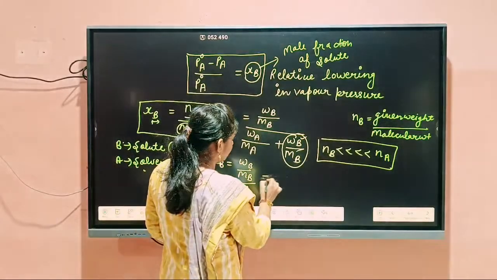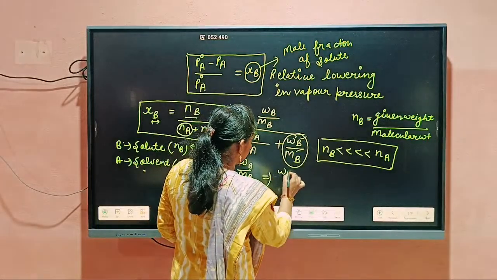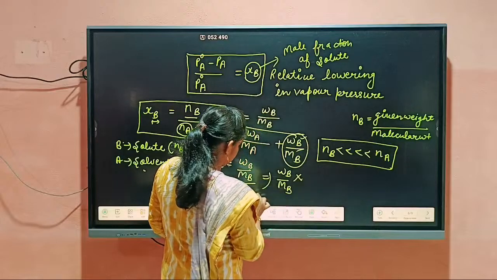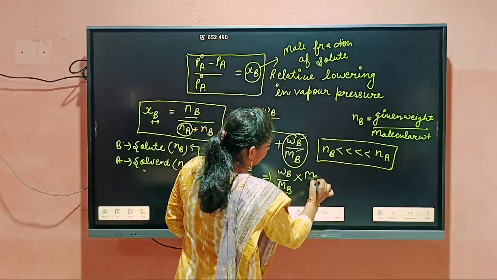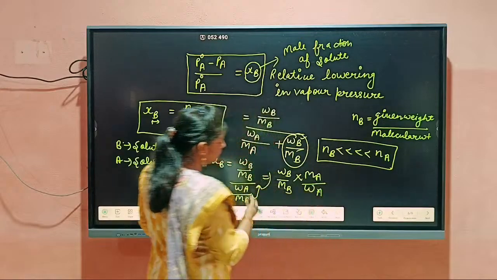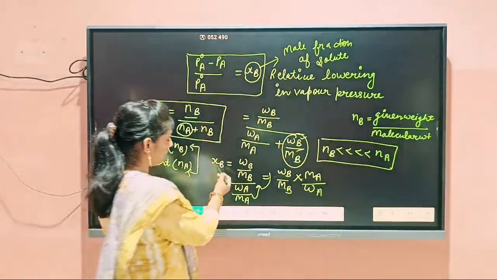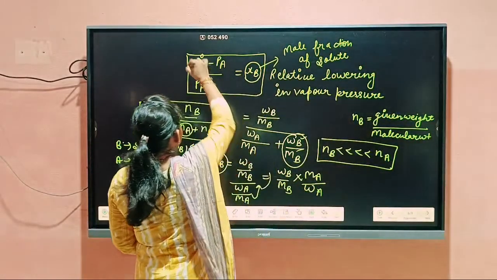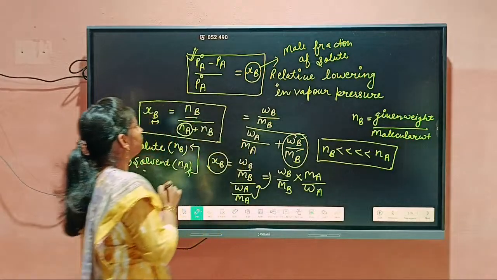So it is equal to WB by MB into MA by WA. So this is the value of XB. Put this value in this one.